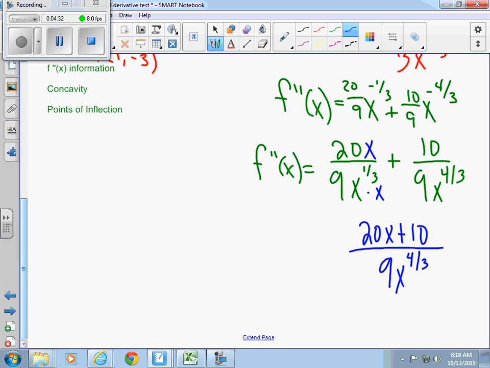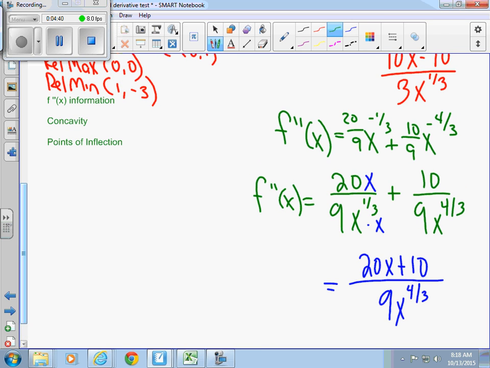So set the top equal to 0 and the bottom equal to 0. Negative a half and 0. Plug in negative 1. Now we get a negative. Would you agree the bottom's always positive?